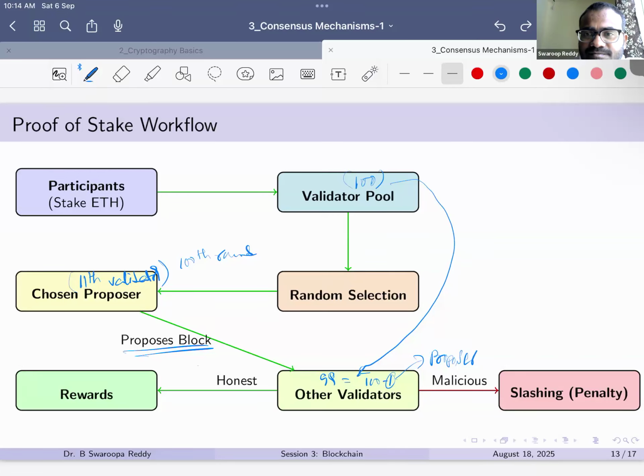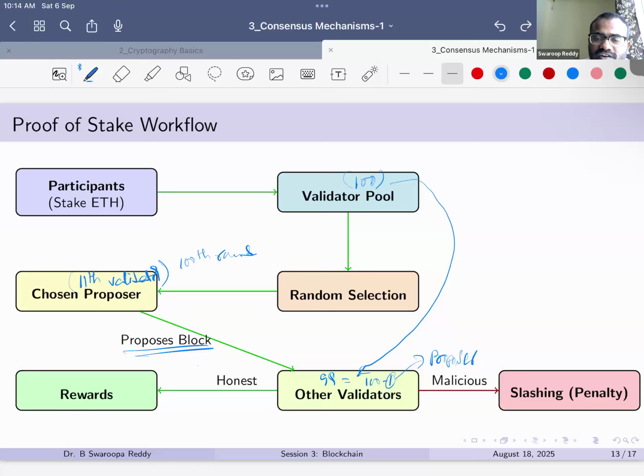That is called slashing. If they do any malicious activity, for example, if there are two block producers: Arno has proposed a block at the 100th round, and then, for example, I maliciously produce a new block even though I wasn't picked in the random selection process.